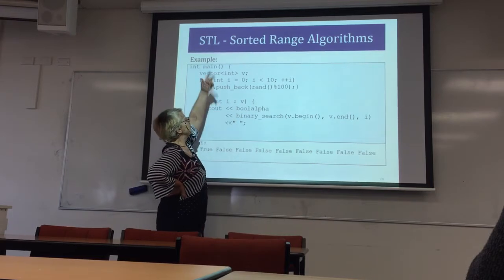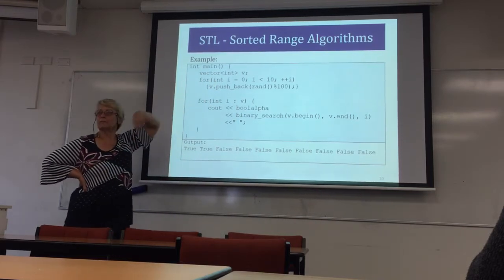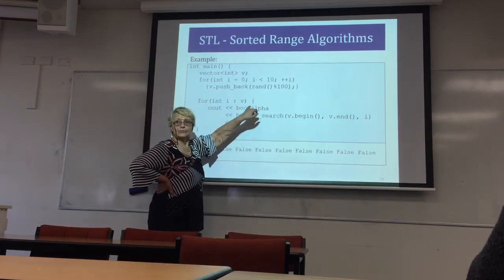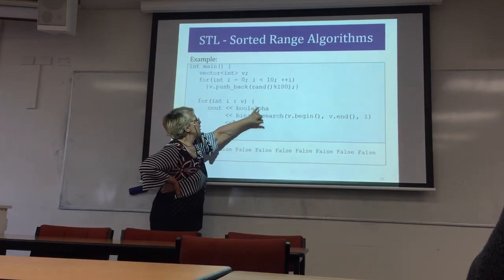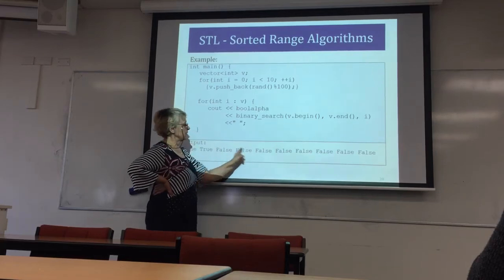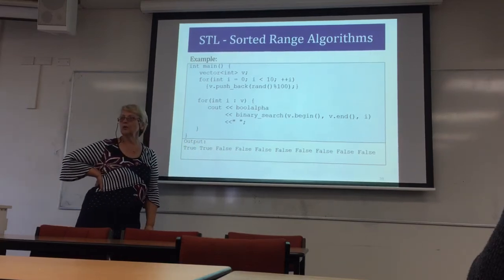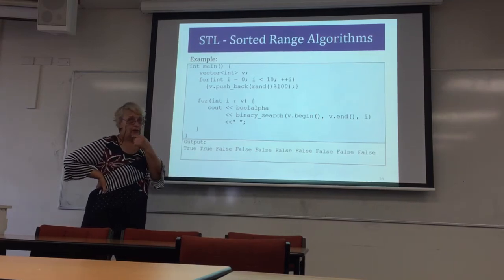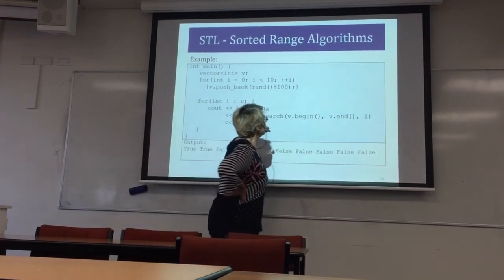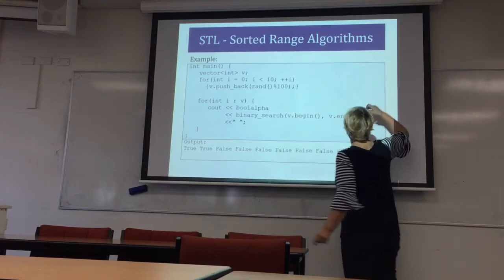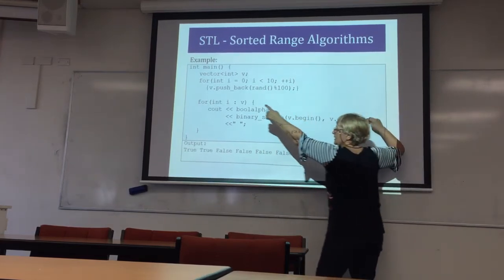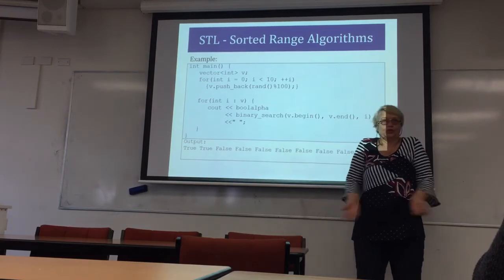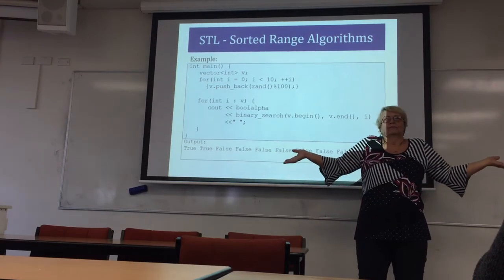Bool alpha is in iomanip, it's a manipulator to format output, and displays, instead of numerical value, these lovely Boolean values. And what we are doing here is invoke binary search on this vector, and for each i, we look for that i should display true, true, true.